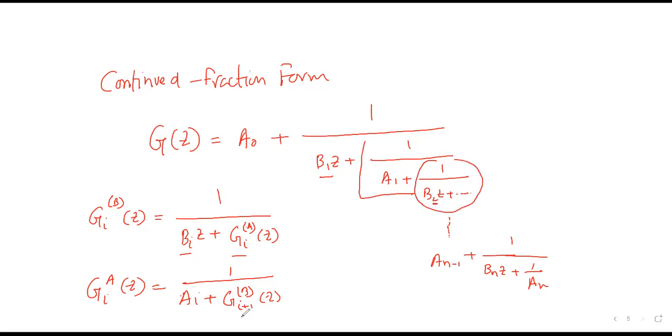So that is why i plus 1 here. Okay, and finally G n B Z. So B function, so 1 by, I think you can already guess, B n Z plus 1 by A n. Okay, so this is how you have to find the continued fraction form.